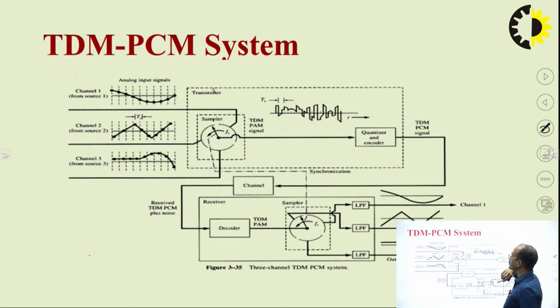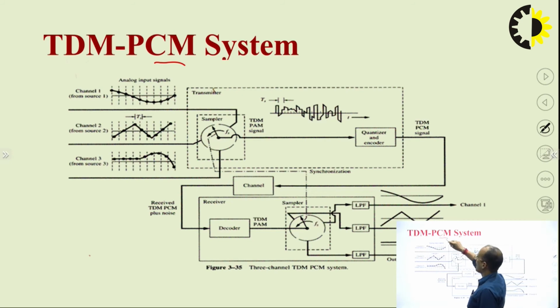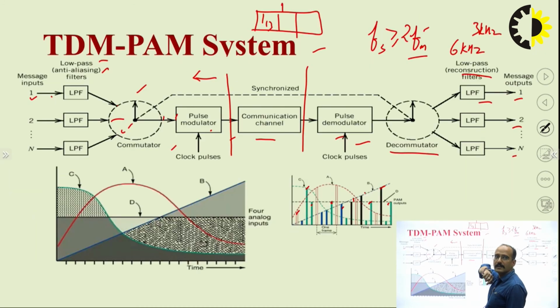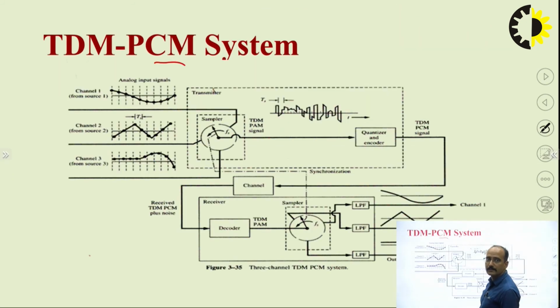Now the TDM PCM system: you are taking that PCM system with the TDM part. So how are we creating the TDM signal? Again the same procedure as in the previous TDM PAM system. Here you studied the commutator, same here. This is a commutator or sampler.